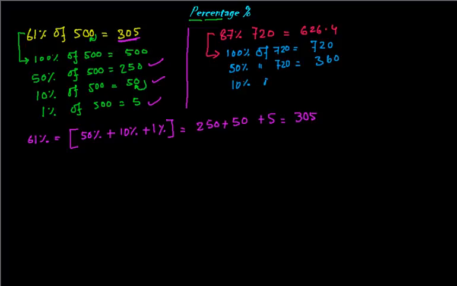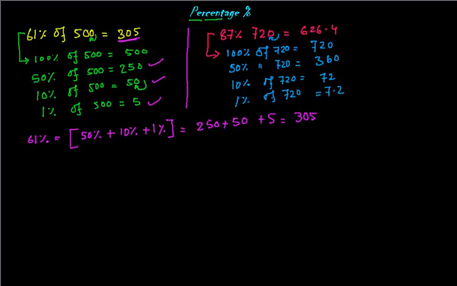Can you tell me what 10% of 720 is? Yes, correct, it is 72. I have to move the decimal one place towards left. And 1% of 720, I have to divide 720 by 10 again, or move the decimal place 2 times, so it will be 7.2.